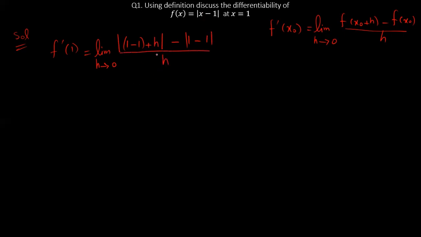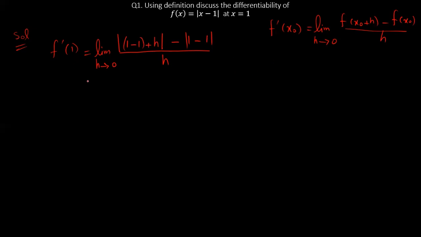Now we will solve this and compute the limit. If the limit as h approaches 0 exists, then our function is differentiable at 1. If it fails to exist, then we can say that the derivative of this function does not exist at x equal to 1.